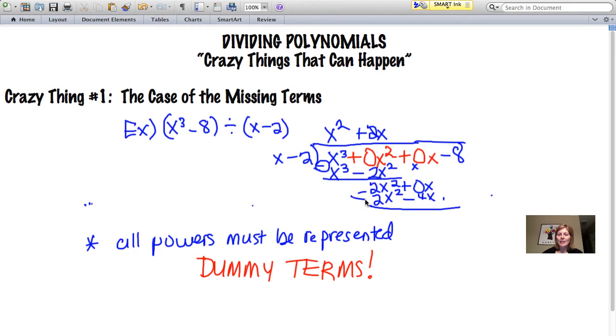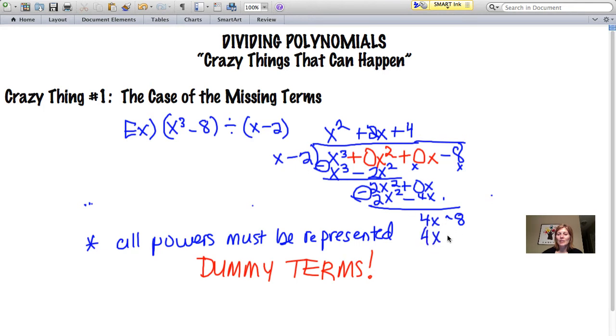All right, we subtract 2x squared minus 2x squared. There's no more of those x squared left. I have 0x, subtract a negative 4x, so that's going to leave me with a positive 4x. I pull down this next guy, and I have a minus 8 down here, and I do the game again. x goes into 4x 4 times. 4 times x gives me 4x.